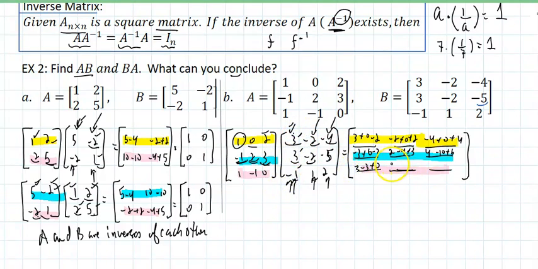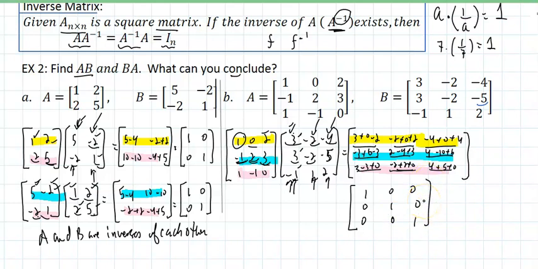And for the second, negative 2 plus 2 plus 0. And for the last, 4 plus 5 plus 0. And that turns out to be a 1, 0, 0, 0, 1, 0, and this is 0, this is 0, this is 1. There it is.